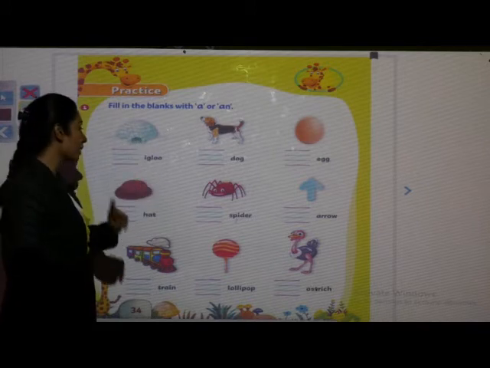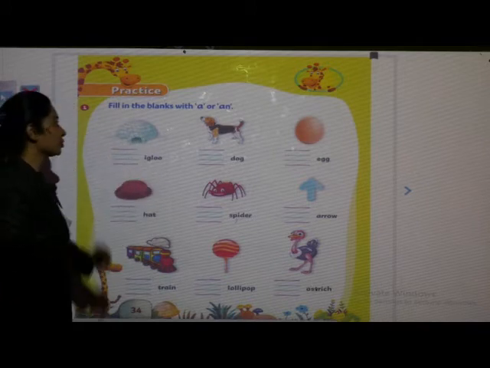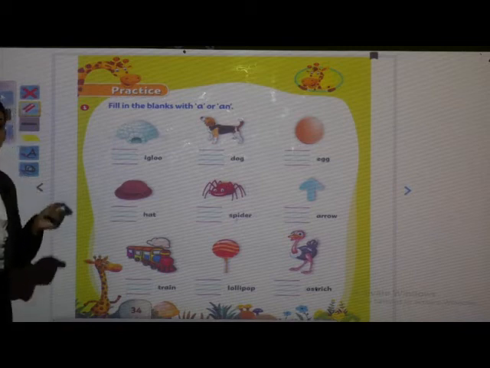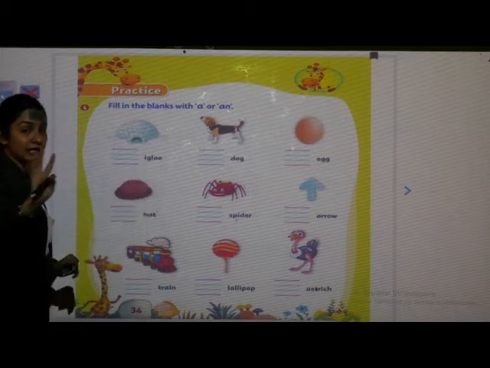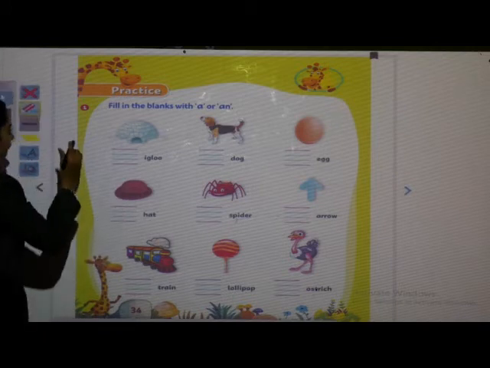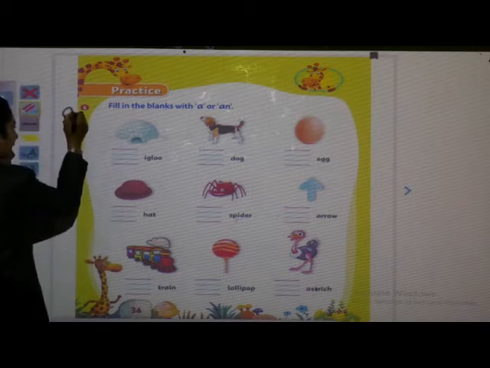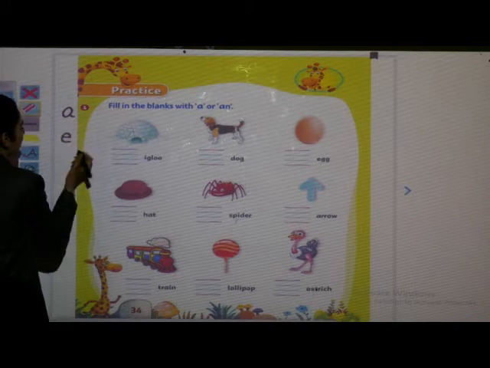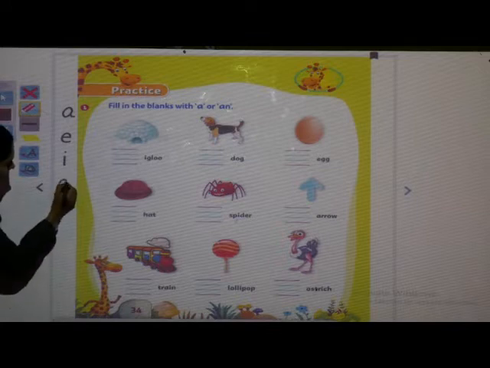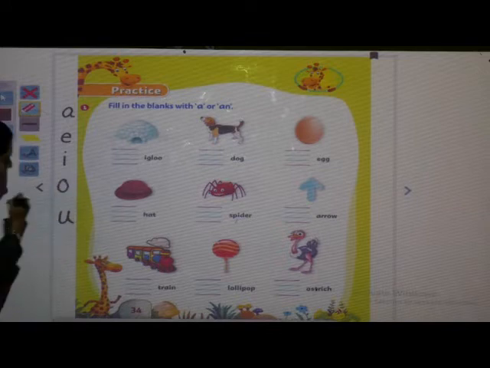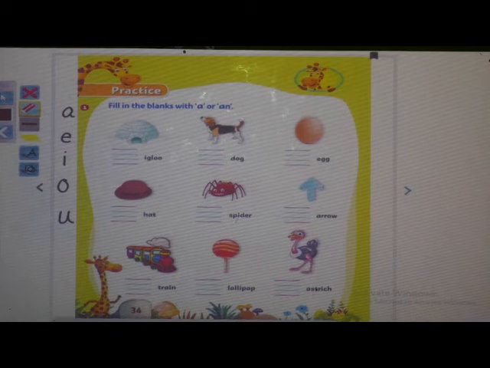So children, what we are going to do is, you have to recognize these pictures and the sound also, and you have to give me the answer what I should write here. I should write A or an. Now I is for igloo. Tell me how many vowels are there? 5. Those are A, E, I, O, U. So these are the vowels.